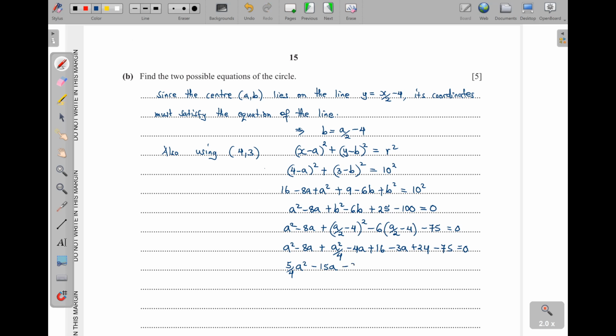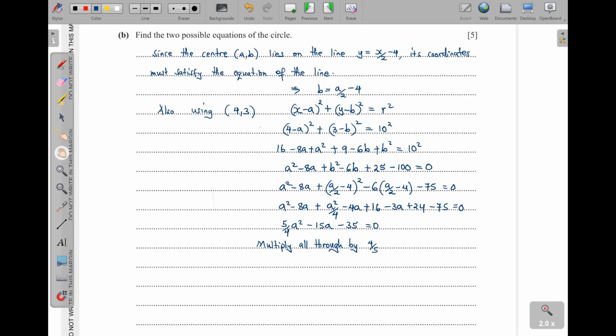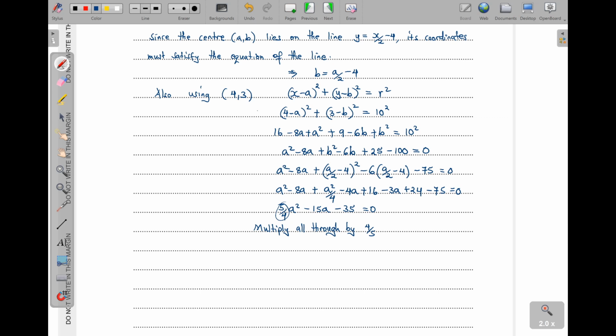So if we have minus 35 here, then I can multiply all through. I want to make the coefficient of a squared here 1, so I multiply all through by 4 over 5. When I do it, it will disappear.